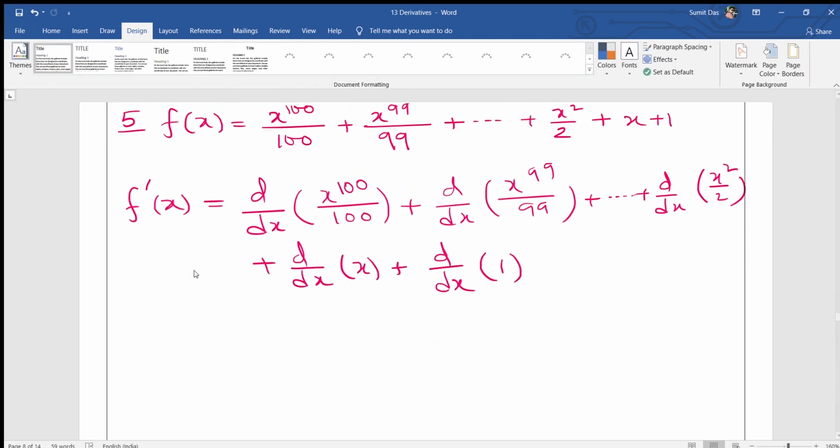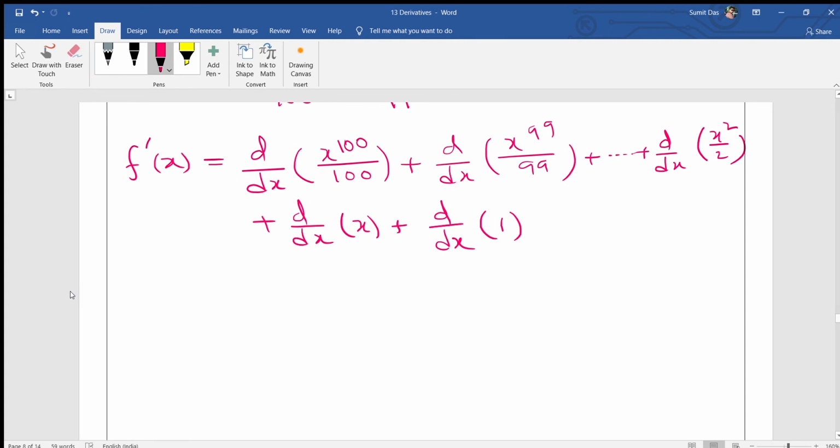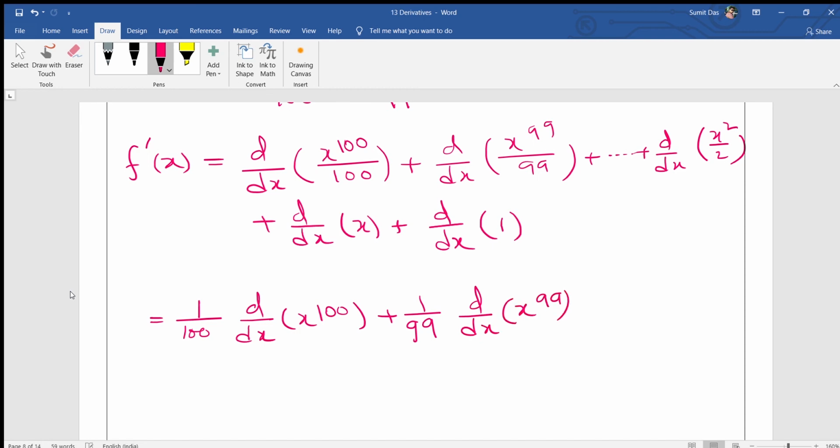So derivative of... first, let's find the derivative of x to the power 100 by 100. So 1 by 100 will be taken common because it is a constant. We have to find the derivative of x to the power 100. Similarly, 1 by 99 will be taken common. We have to find the derivative of x to the power 99.